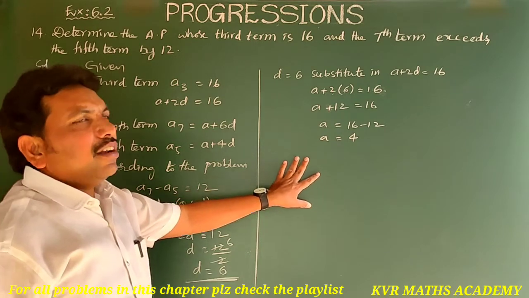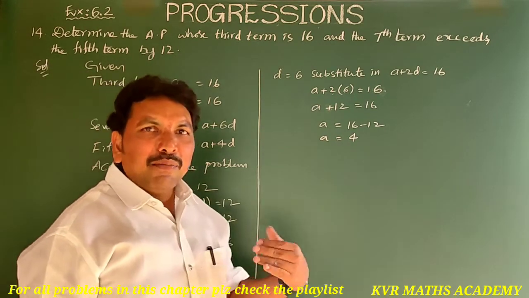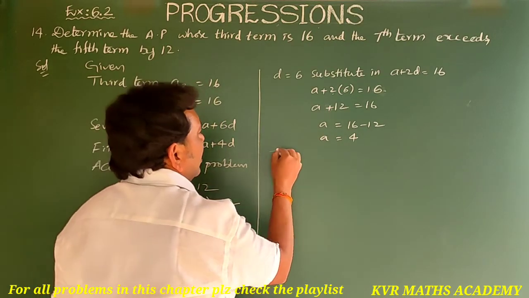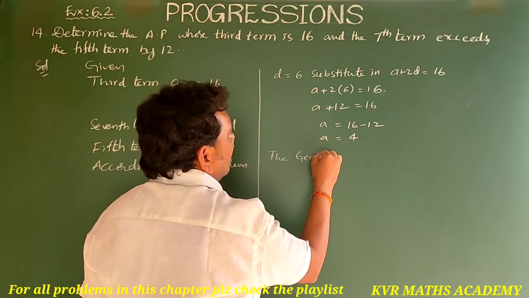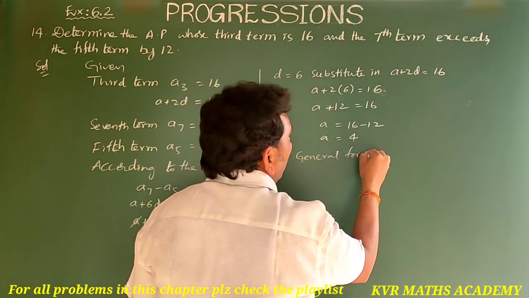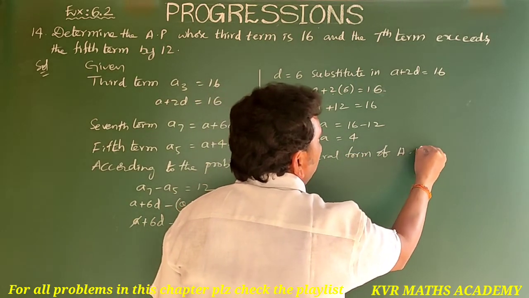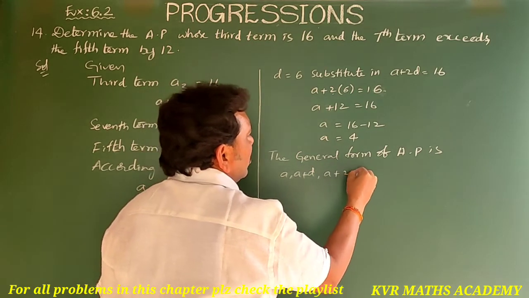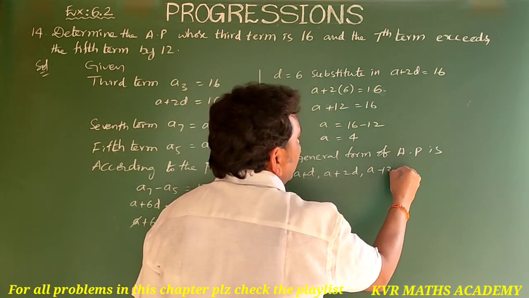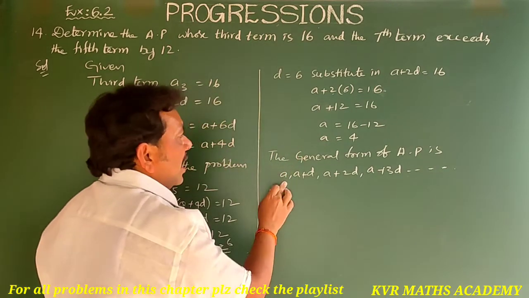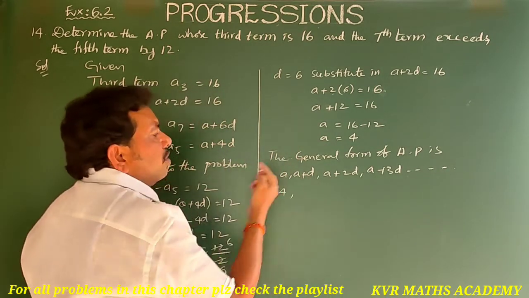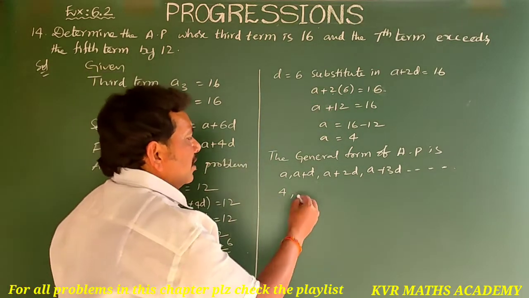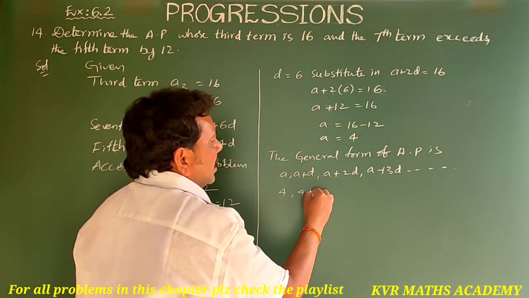So actually the general form of the AP is A, A plus D, A plus 2D, like that only, right? Yes, write down. The general form of an AP is A, A plus D, A plus 2D, A plus 3D, and so on. Yes, A means here 4. 4, then 4 plus D, how much? 6. 4 plus 6.